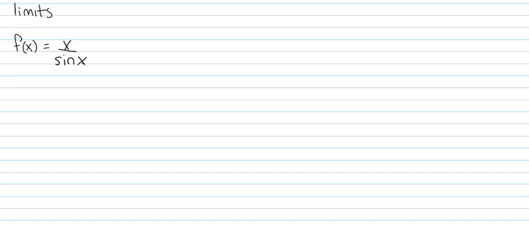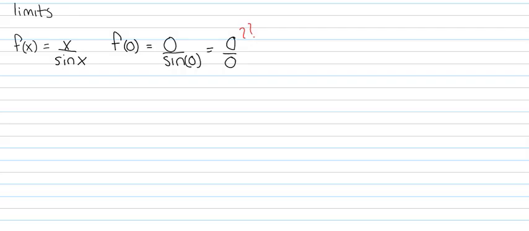Okay, and now what happens if I try and evaluate f of 0? F of 0 is 0 over sine of 0. Sine of 0 is 0, so this is 0 over 0. And so you might be looking at that and thinking, what on earth is 0 over 0? And you'd be right, because that is an undefined number. We can't talk about what that is.